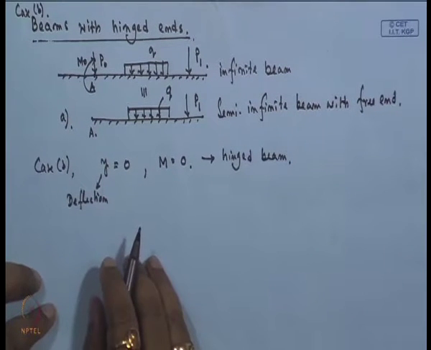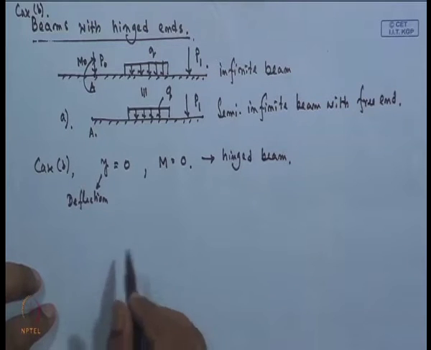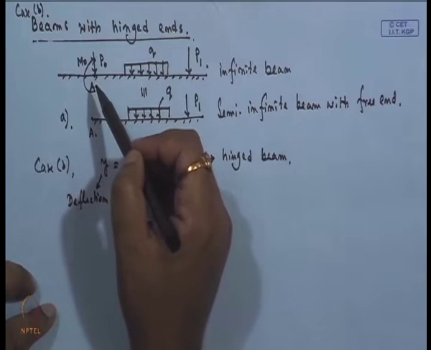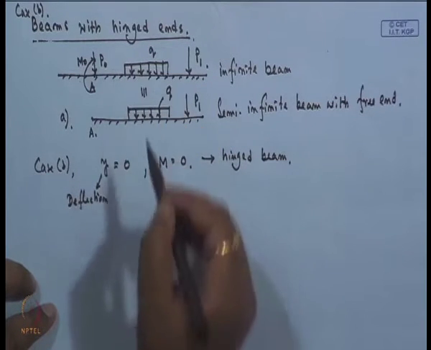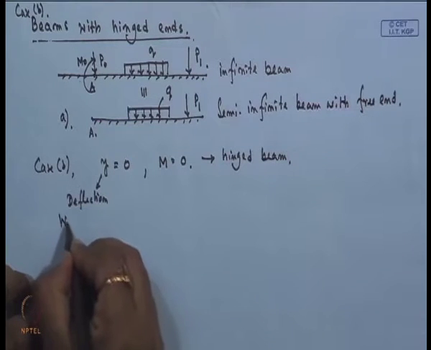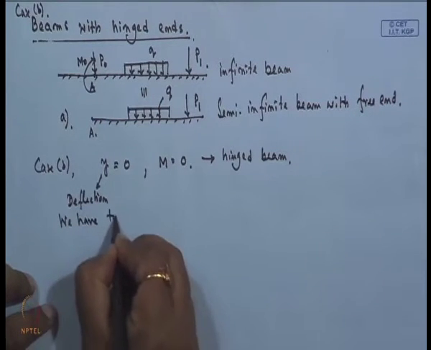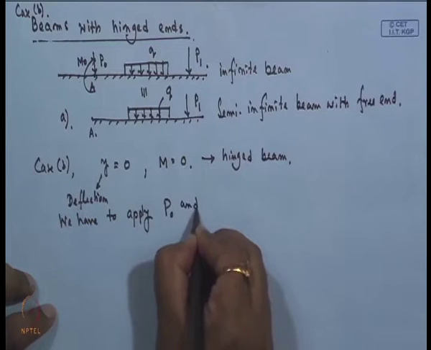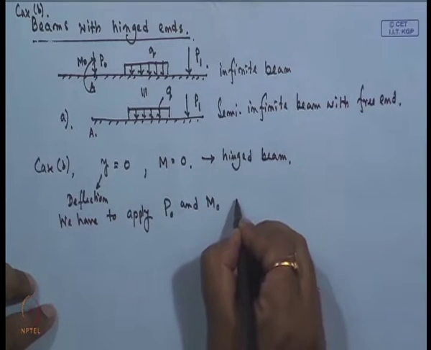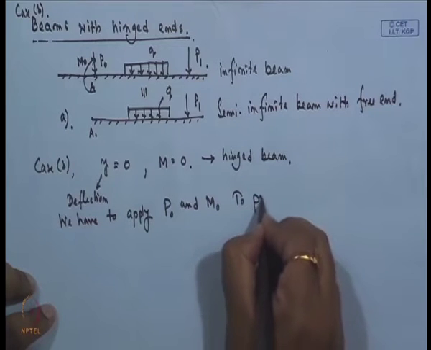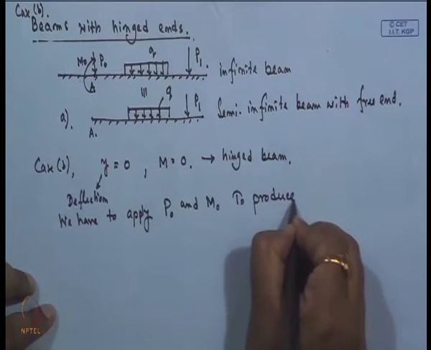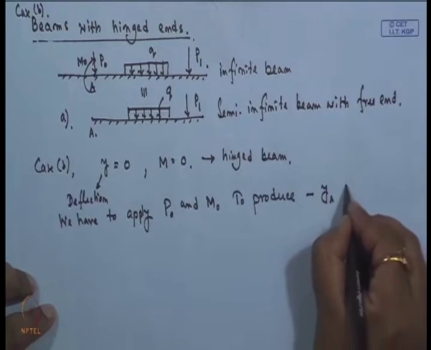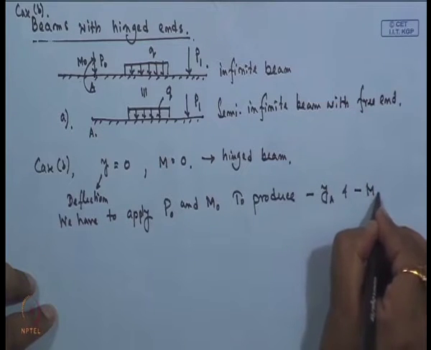Now we have to apply the same concentrated load and moment on this condition. So, you have to apply P 0 and M 0 to produce minus y a and minus m a.